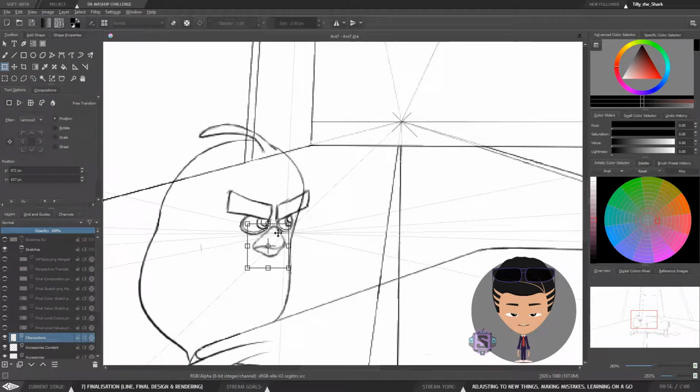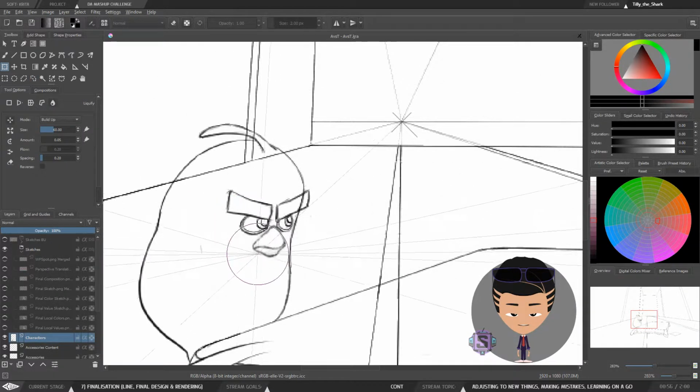So let's try to go into transform and try to liquefy it. Build up.